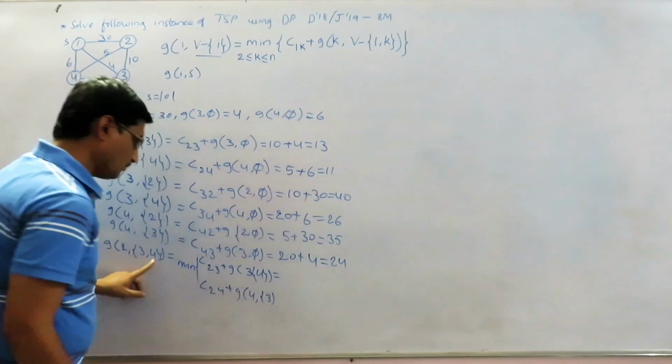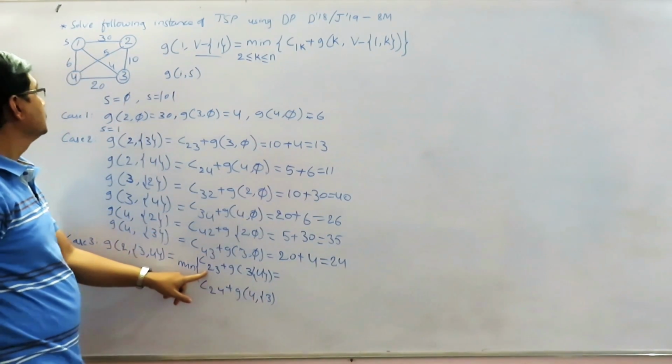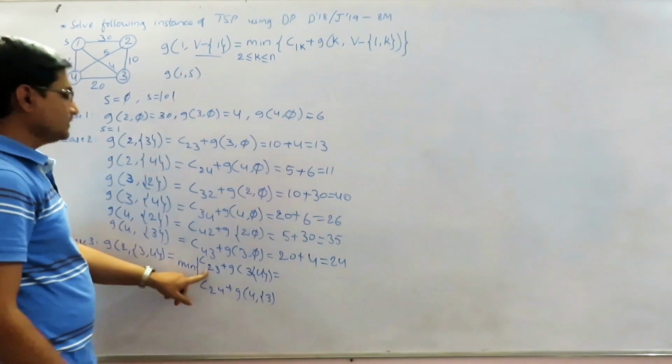So this is equal to C of 2 to 3, which is 10.